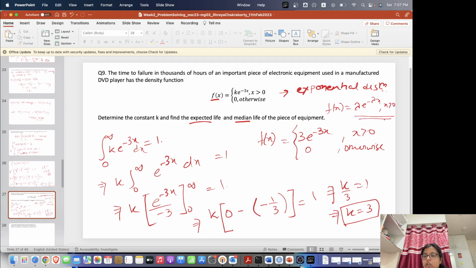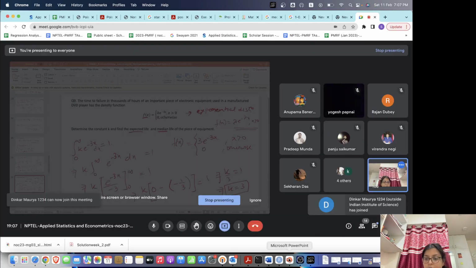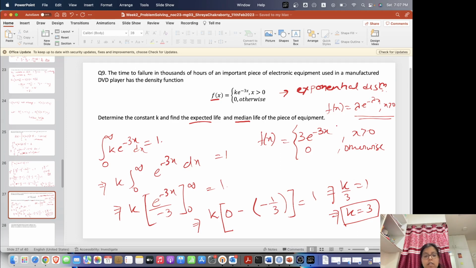If you remember this functional form, yes, so this is an exponential distribution. We have to find out the mean and median.